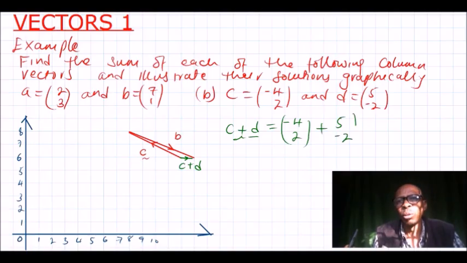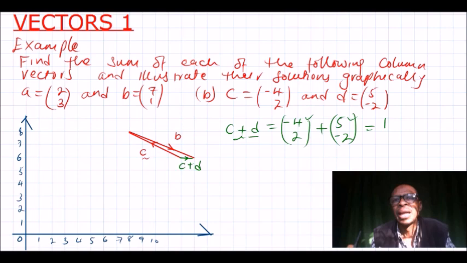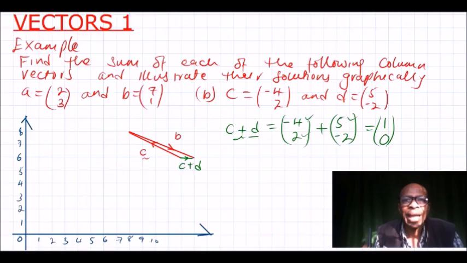You find that -4 plus 5 gives you 1, and 2 plus -2 gives you 0. And as you can see, this vector here has only 1 unit along the x-axis and 0 units along the y-axis. So you can prove that. So that is how you work that out.